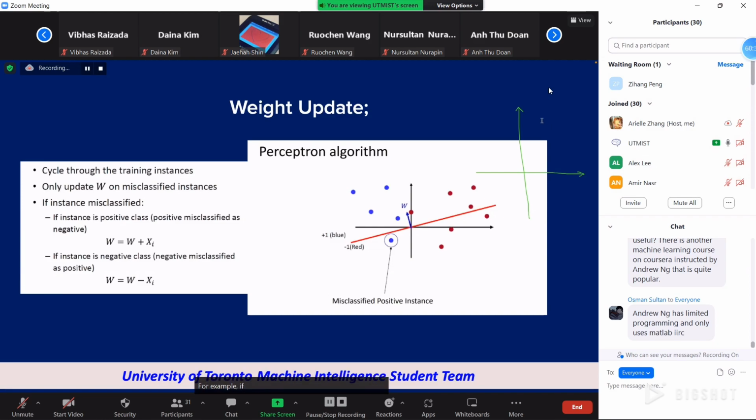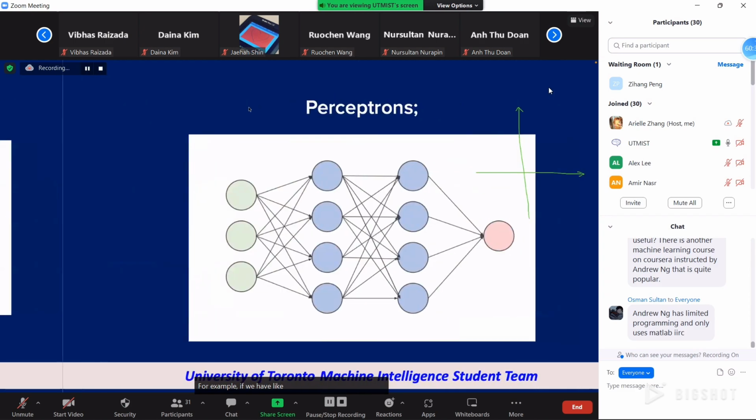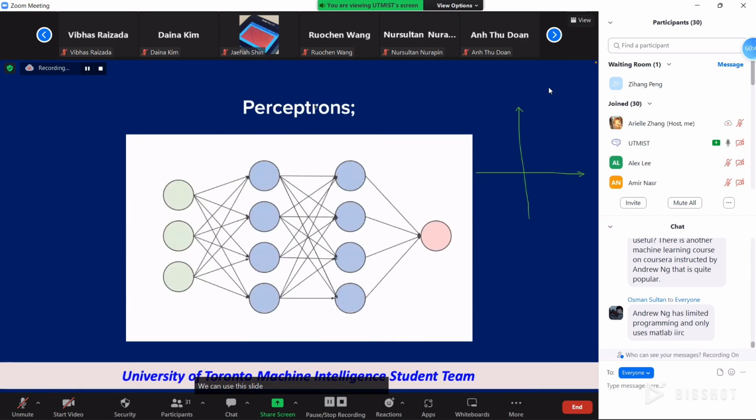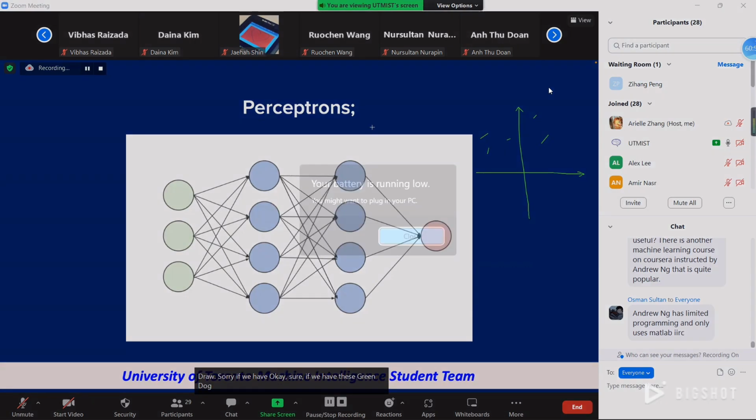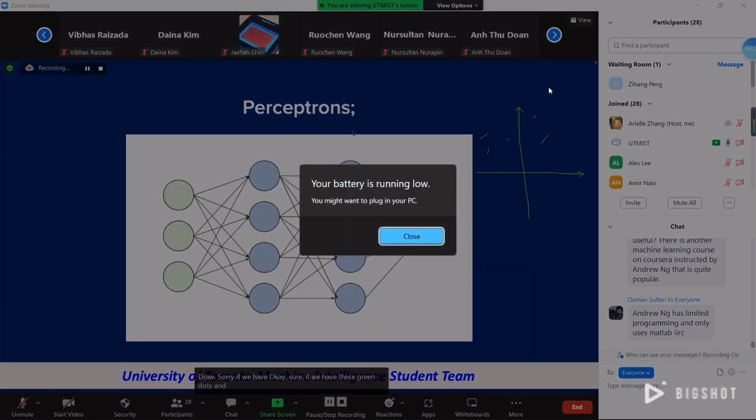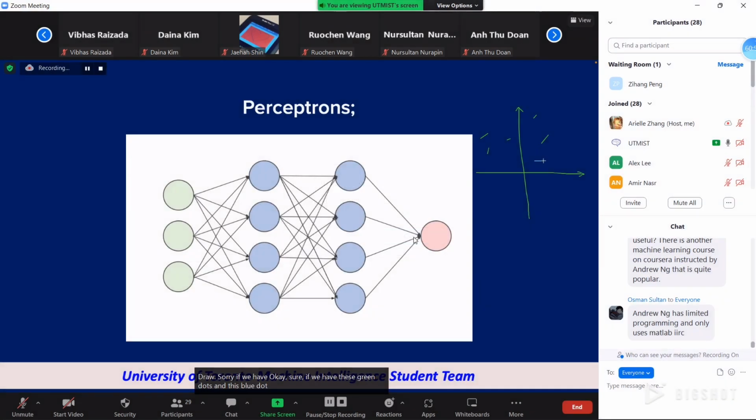For example, if we have these green dots and this blue dot, and let me find another color, a red dot over here.